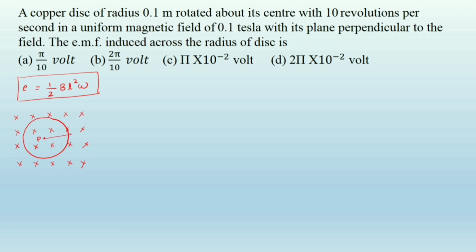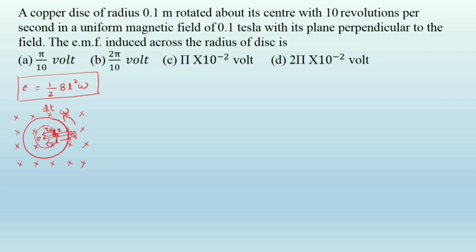Let us take from point P to point Q, having length L. It is rotating in this uniform magnetic field with angular velocity omega in time dt. Here I am going to consider a small element dx, at distance x from the center, and this small element is also rotating in the same uniform magnetic field.